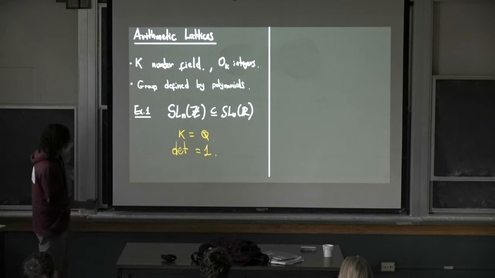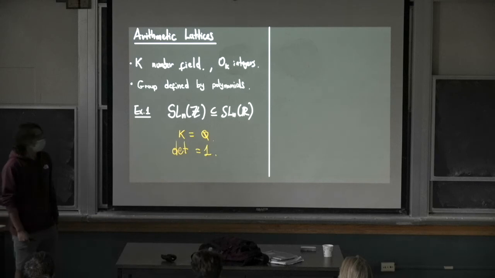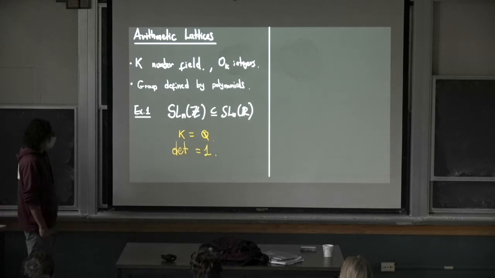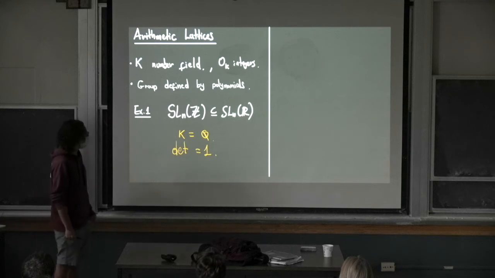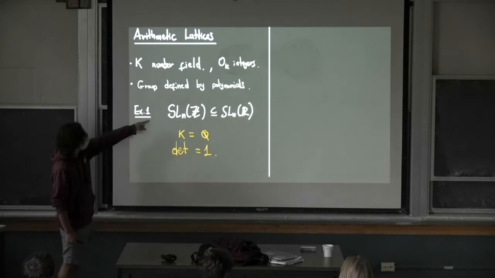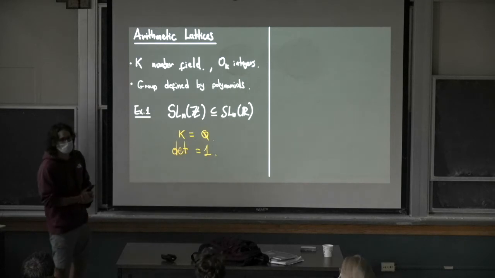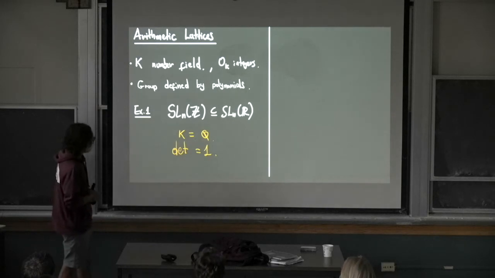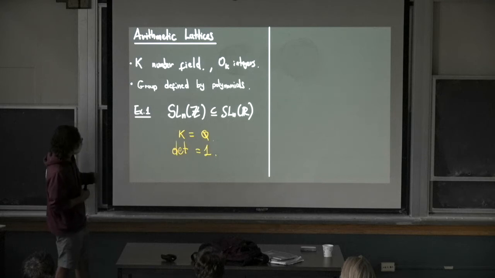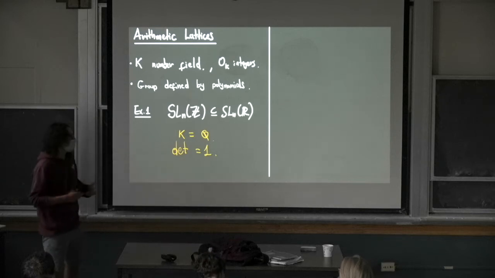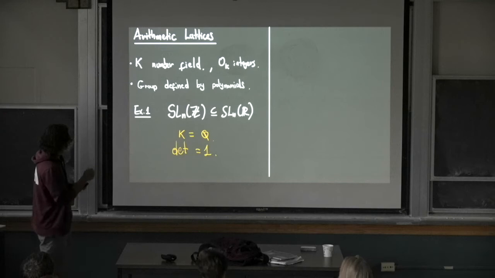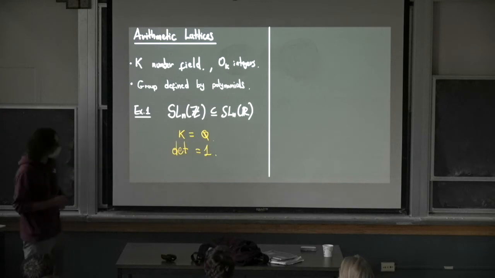Here is the case where k is the rational numbers, and the equation is determinant equals 1. It's non-trivial that there are solutions, matrices of determinant 1 with integer coordinates, but it's also much more non-trivial that there are a lot of matrices like that, in such a way that SLNZ sits in SLNR as a lattice. So this is the first example.